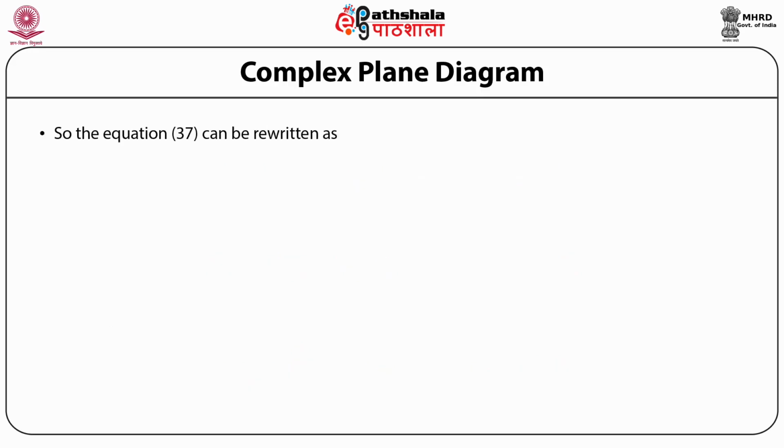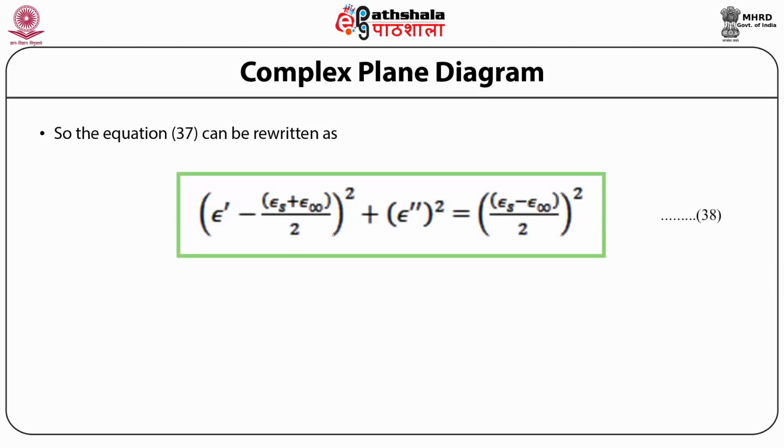equation 37 can be rewritten as (epsilon prime minus (epsilon s plus epsilon infinity) divided by 2) whole square plus epsilon double prime square, which is equal to ((epsilon s minus epsilon infinity) divided by 2) whole square.